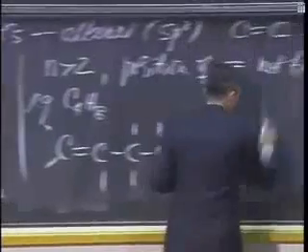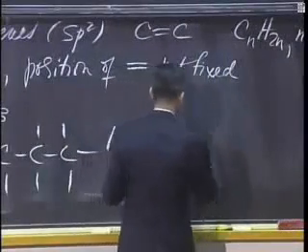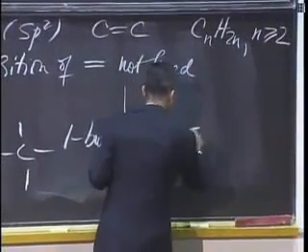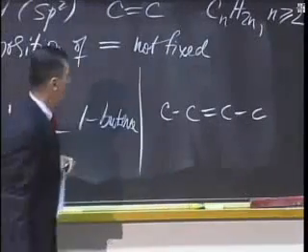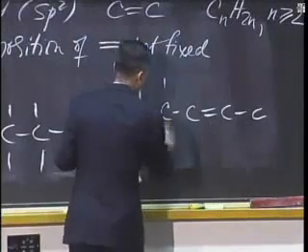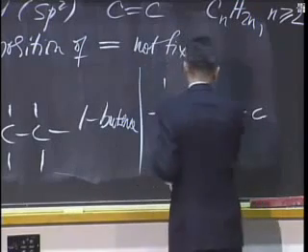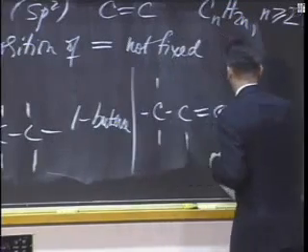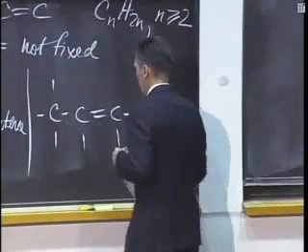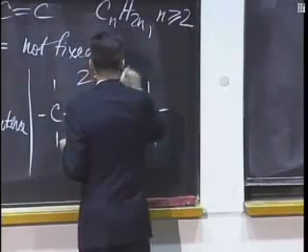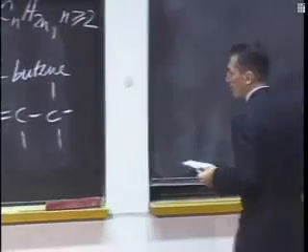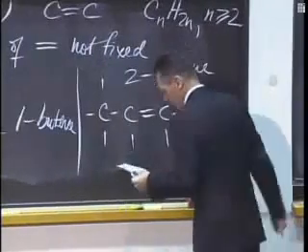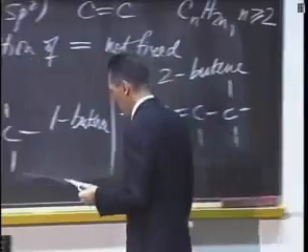Or we can put the double bond somewhere along the line, so we can do this. So the double bond is not at the very end. So we have a methyl group at the end. 1, 2, 3, 4. So this would then be called 2-butene, indicating that the double bond comes off of the number 2 carbon.